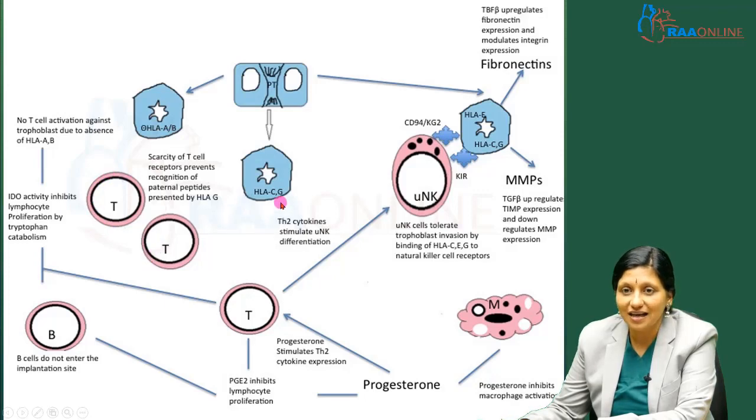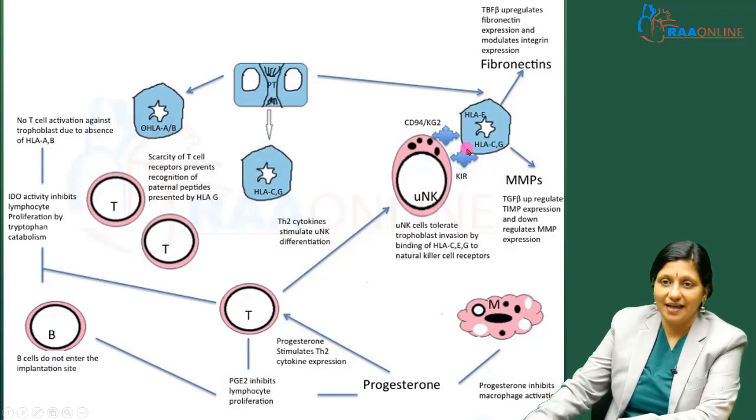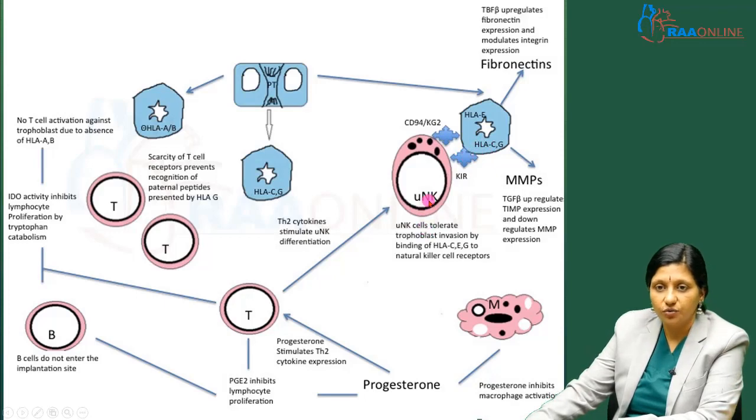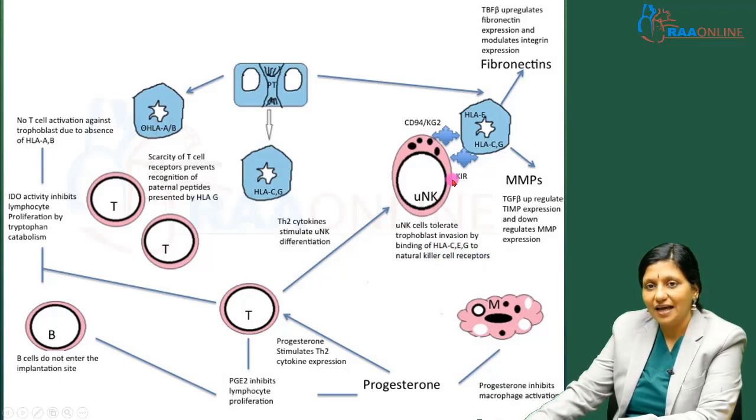The trophoblast does express HLA-C and G, and there is interaction of the trophoblast HLA-C and G with the uterine natural killer cells. Uterine natural killer cells tolerate trophoblastic invasion by binding of HLA-C, G and E to natural killer cell receptors, which are the KIR receptor and CD94 receptors.